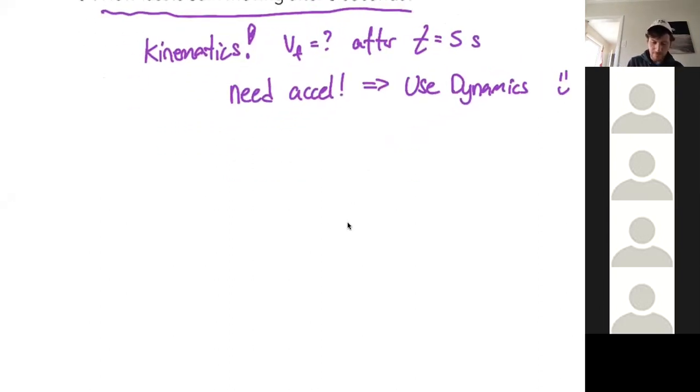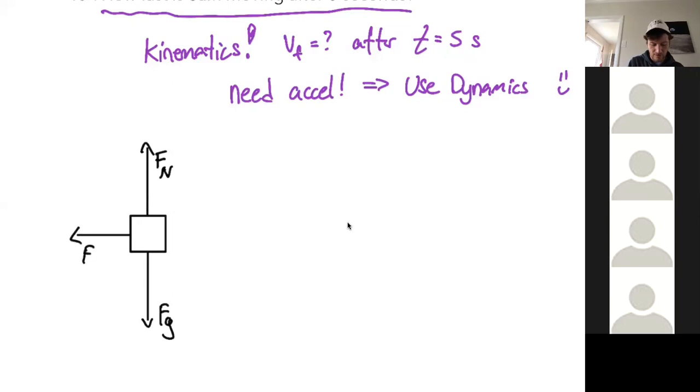So, first step of a dynamics question, free body diagram. Okay, there we go. There is our free body diagram. What's going on here? Well, there's contact. We know that. So there's the force of gravity. There's the normal force. We know we've got some friction.